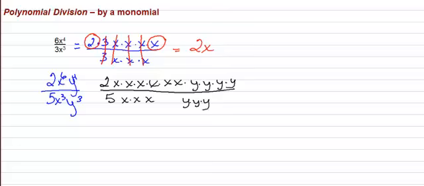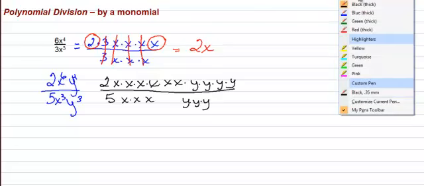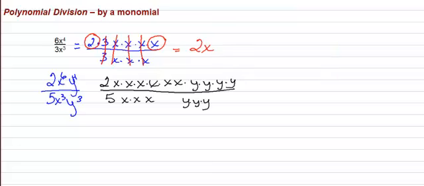And then again, we cross out the things that are the same top and bottom, and multiply back what's left. So the 2 stays in the numerator times x times y, and the denominator is just the 5. So this is a long way to do it.